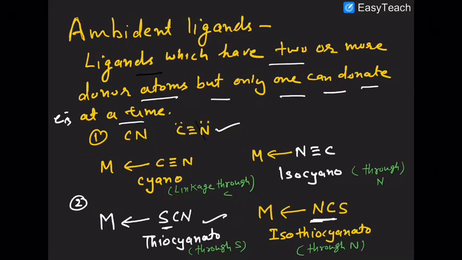If the linkage occurs through nitrogen, it is isothiocyanato. If the linkage occurs through carbon, it is cyano. If the linkage occurs through nitrogen, it is called isocyano. So these things must always be in your mind. These types of ligands are called ambidentate ligands, which have two or more than two donor atoms, but only one can donate at a given time.